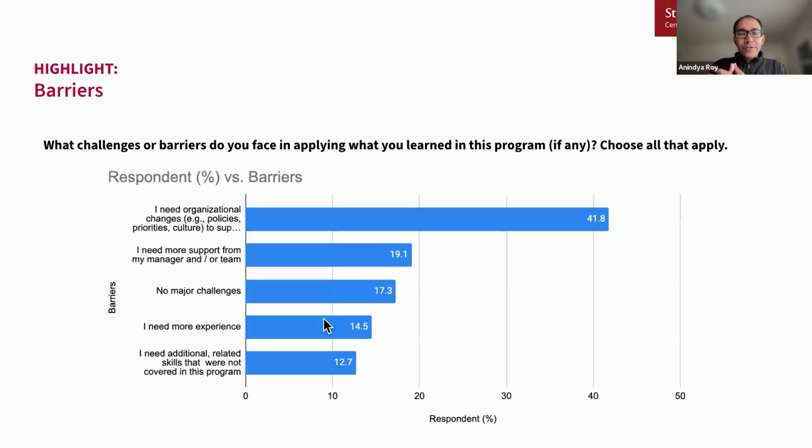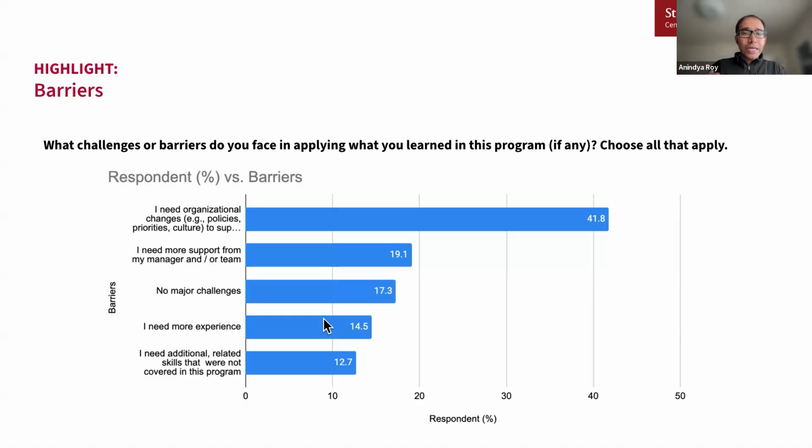We have been running this question for a few of our enterprise education programs for the last few months, and we don't have a huge amount of data, but the results that we are seeing so far are very encouraging. We see that the top 2 points learners mention in terms of barriers are that they need to see organizational changes in terms of policies, incentives, etc., and they also need more support from their team and managers.